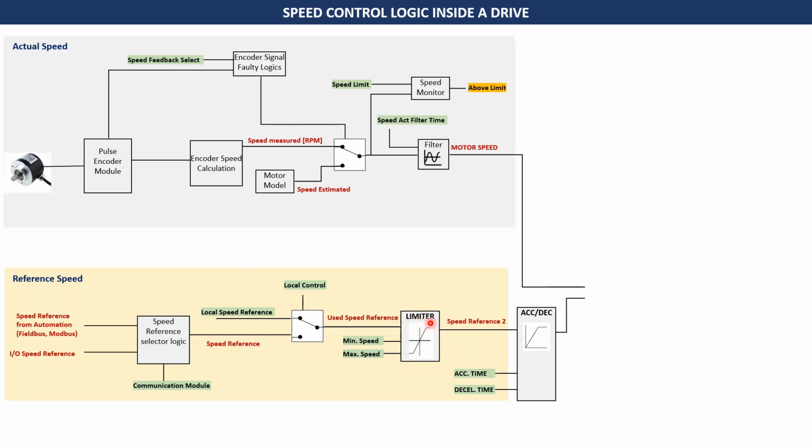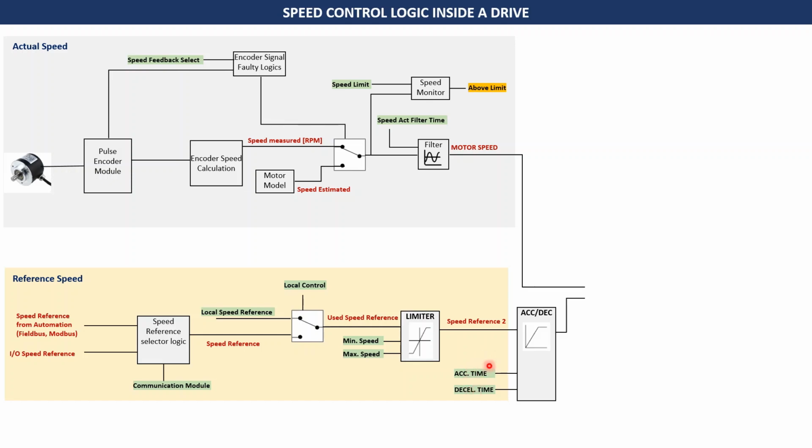So after this limiter block, the speed reference moves forward, which I have named speed reference 2. Now this again goes into an acceleration deceleration block. This is a very important block. The two most important parameters to set for this block in a drive are the acceleration time and the deceleration time.